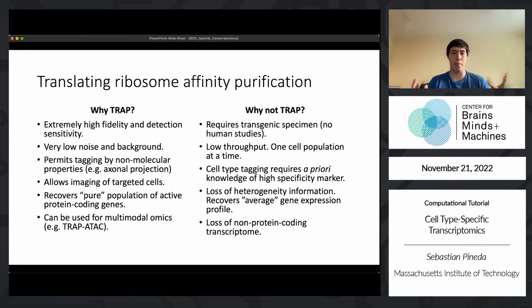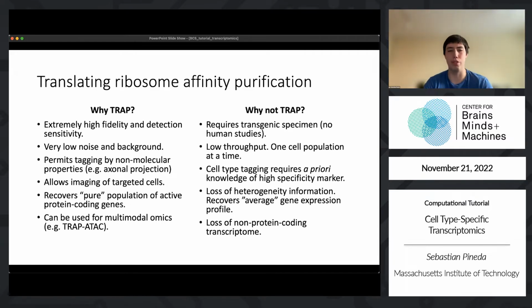We can image these samples, and this is a pro or a con depending on how you look at it: we get a very pure population of actively translated protein coding genes. If you're interested in things like long non-coding RNAs or microRNAs, then this assay might not work for you. But in our field, we're very interested in studying gene expression, specifically the things that encode the aberrant proteins that are causing our phenotype. So this is pretty ideal for us.